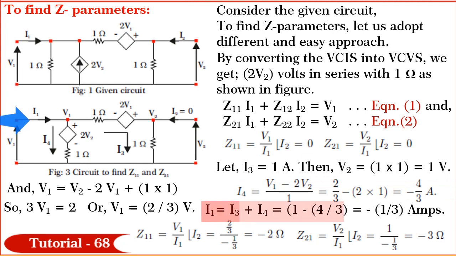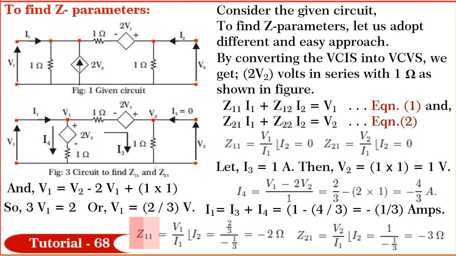So I1 is equal to I3 plus I4, that is equal to 1 minus 4 by 3, and hence I1 is equal to minus 1 divided by 3 amperes.